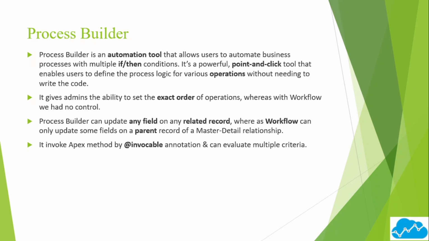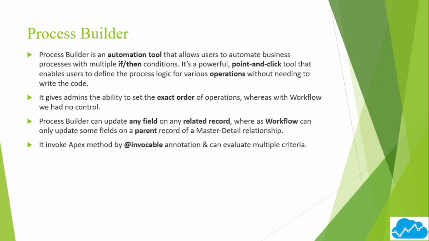Process Builder can update any field or any related record, whereas workflow can only update some fields on the parent record. So in a master-detail relationship, on the parent record it is going to update some of the fields in workflow, but in Process Builder we can do more.